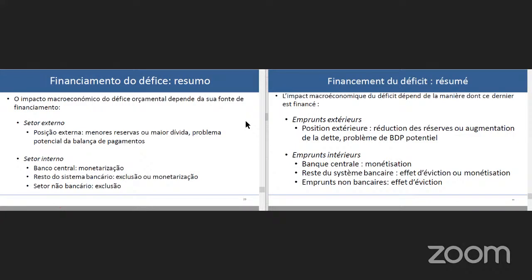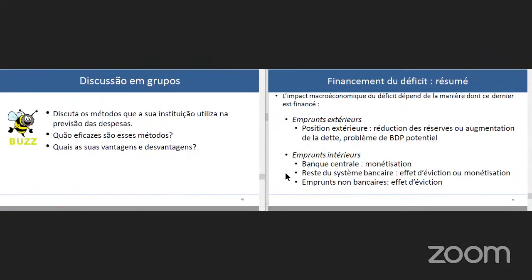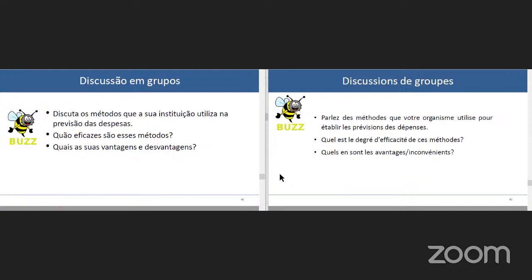So that's where the forecast is done. You need the balance of payments to forecast your external financing, right? Yes. The macro unit in the ministry works with the Bank of Botswana on balance of payments to forecast interest.